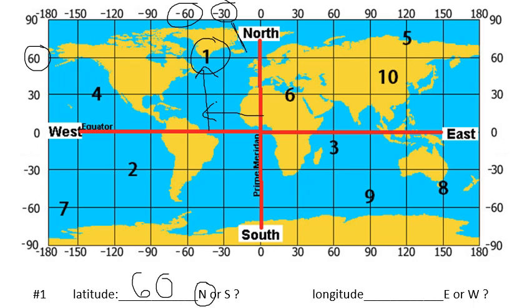If this line is 30 and this line is 60, that means there's 30 degrees between the two of them. Number 1 is about halfway from 30 to 60, so it's 15 more. I'm going to say it's about 45 west. So the next step to this is, how do we estimate when things aren't exactly on the line?